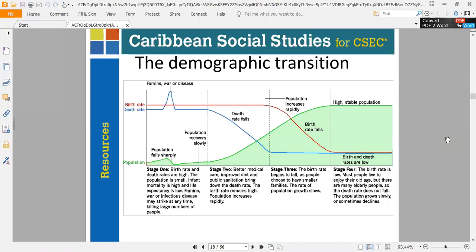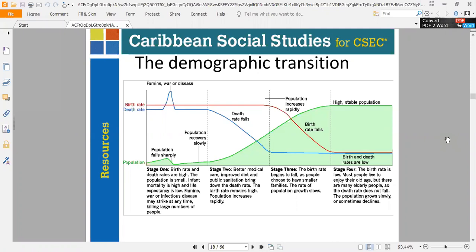So, based on what we're seeing in the population, right? The population started off very, very low, right? Population falls sharply at stage 1, and then it begins to recover. So, the recovery process must have been something that the government did. So, what kind of strategies do you think that the government used to get the population to increase, right?